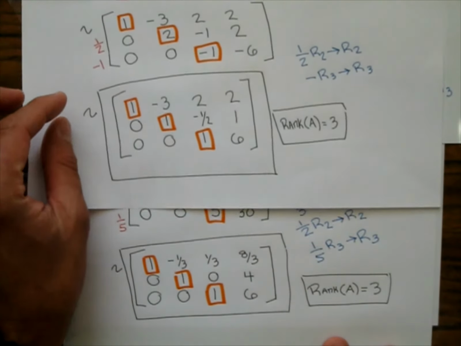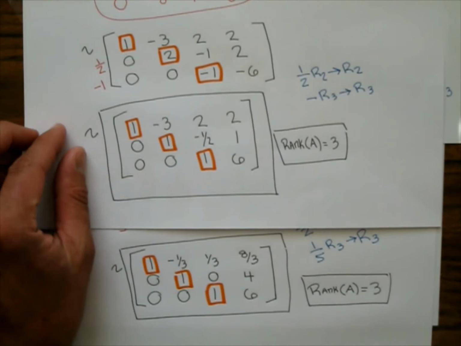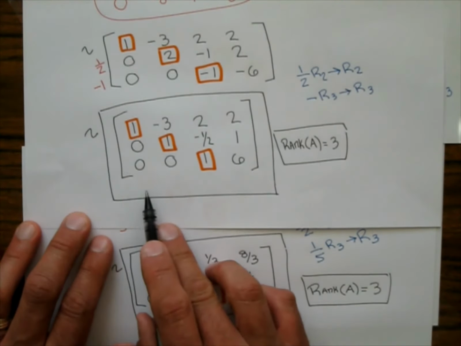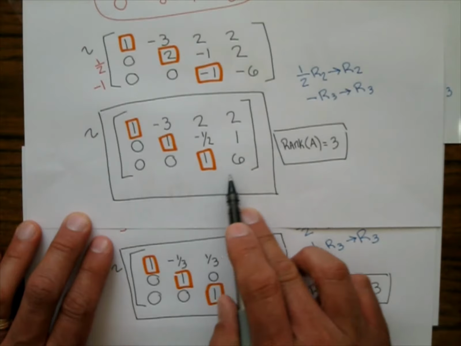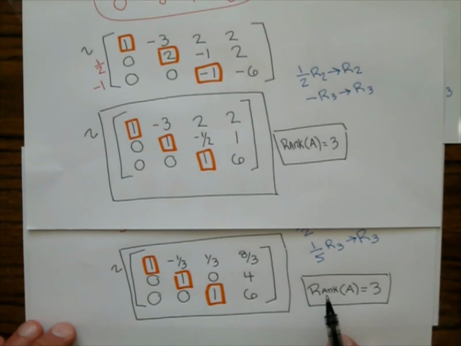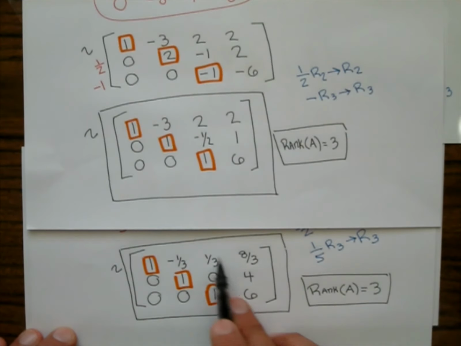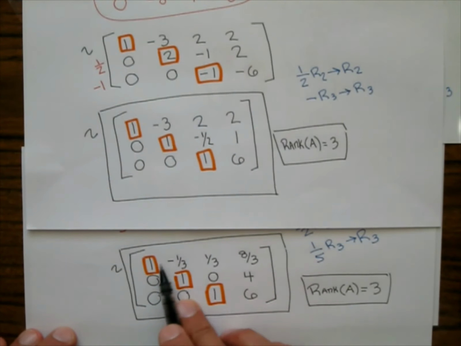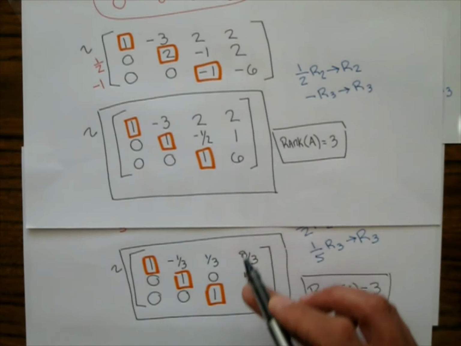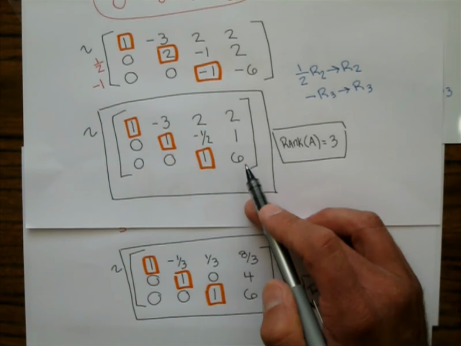And look at our answer the first time we did the problem. Our answer looked like this. And then the second time on the same matrix, our answer looked like that. So that's very disturbing in math when you do the problem two different ways, legitimately both ways, and you end up getting answers that are not identical.